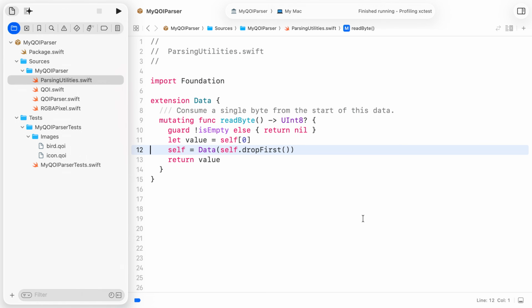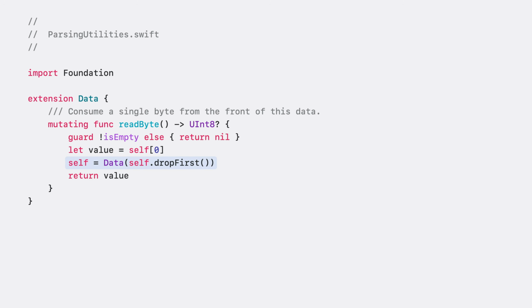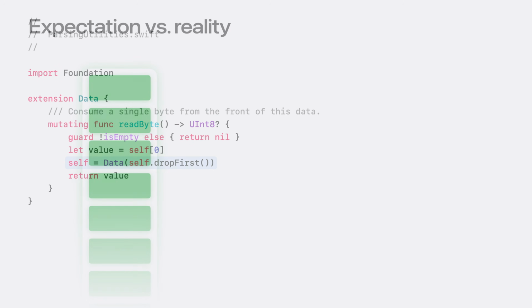Instruments sent me right to this line, where I'm dropping the first byte and then calling the data initializer. With Instruments, I was able to identify all those memmove calls as a potential source of slowness in my library, and then jump straight to the specific line of code that is causing all of that copying. This helper method is really important, because my parsing code calls readByte over and over while consuming the raw binary data.